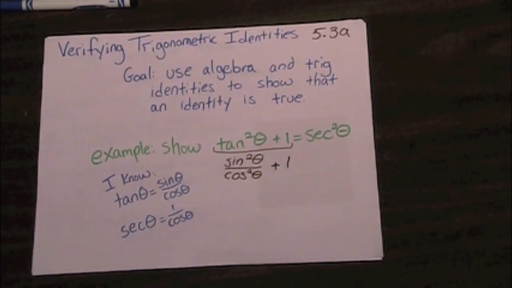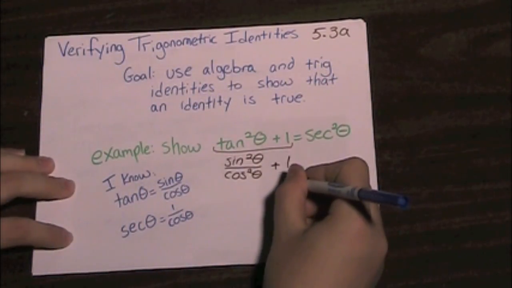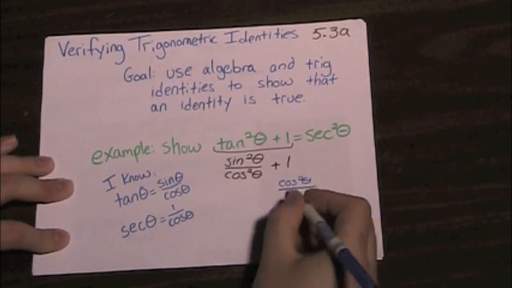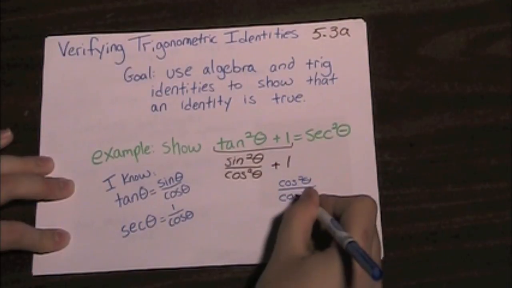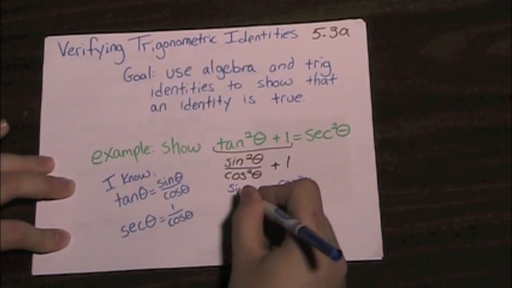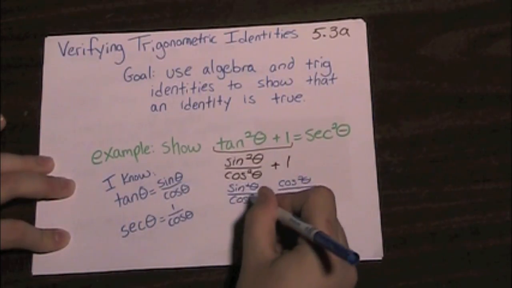If I'm adding 1 to this, I could say that's the same thing as adding cosine squared theta over cosine squared theta to my original sine squared of theta over cosine squared of theta.